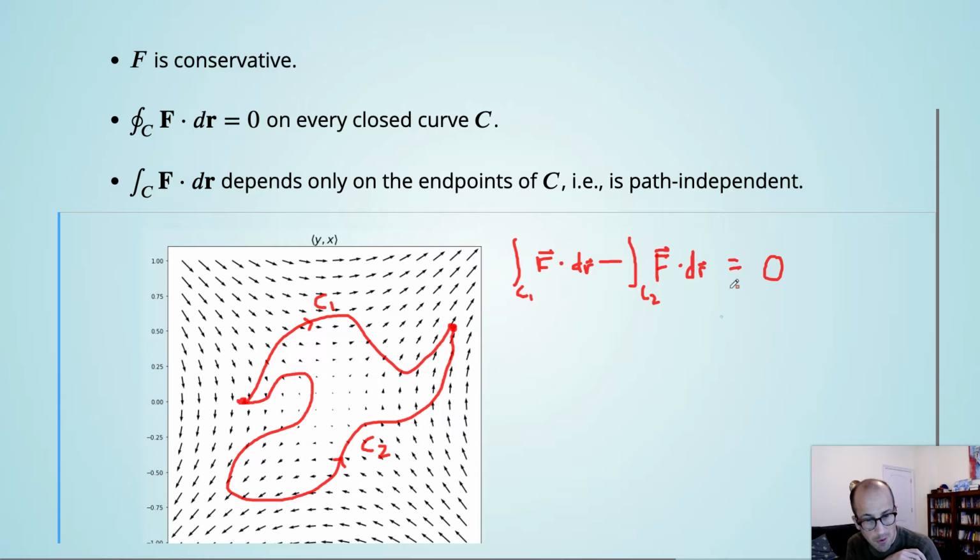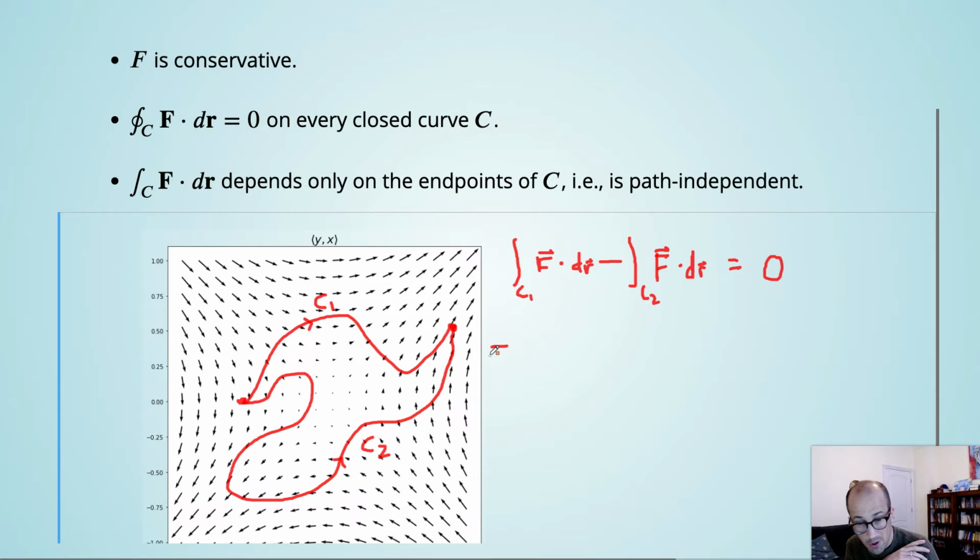But we know something about evaluating line integrals of vector fields, and that's that if you switch the orientation, so if C2 were to go backwards here, instead of going C2 the way I have it here, if I traveled backwards along this path, all the tangent vectors would flop to the other side. We would get the negative answer.